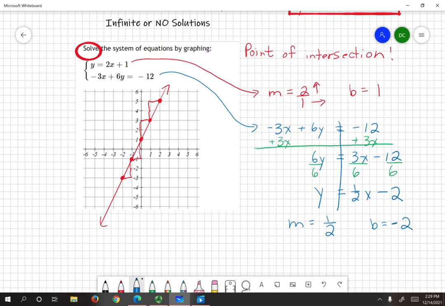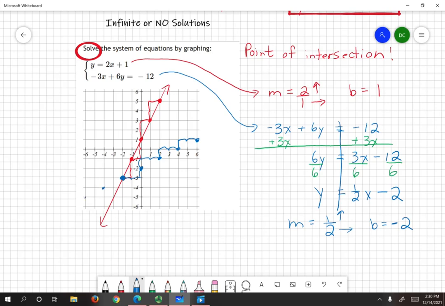Don't forget the negative. Here's negative 2. So I'm going to go up 1 over 2. Rise 1, run 2. Up 1 over 2, up 1 over 2. The opposite of that would be down 1 and left 2. I'm so glad I did that because look, there's my point of intersection.